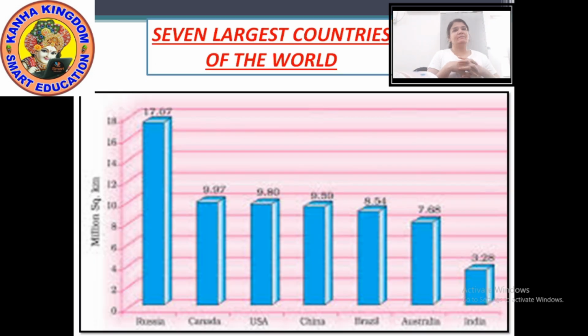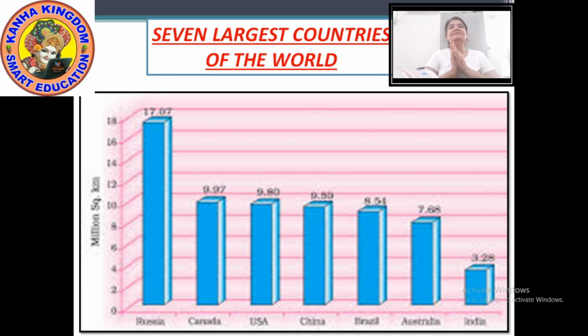Look at this. The first largest country is Russia, second Canada, third USA, fourth China, fifth Brazil, sixth Australia, and seventh is India.